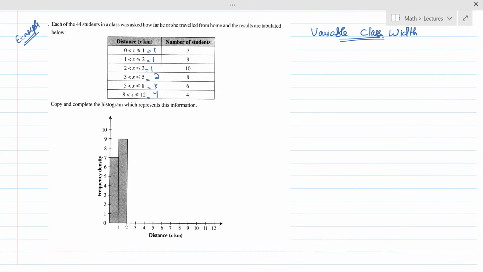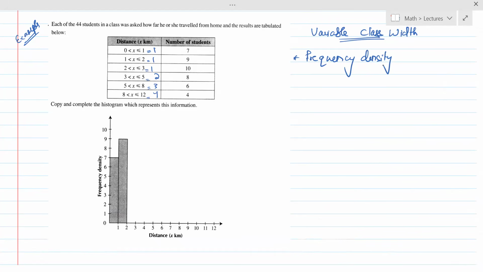We have another term here, frequency density. The horizontal axis, which is the classes, would be represented by the classes only, whatever data is there.